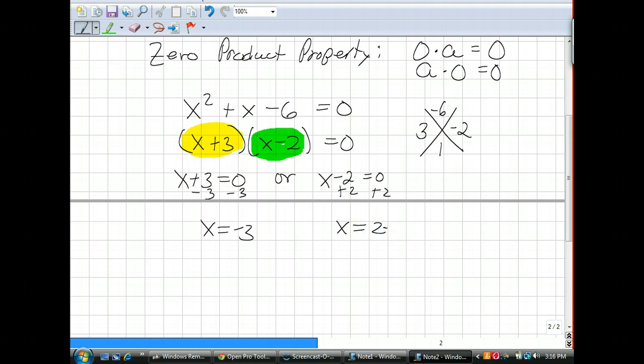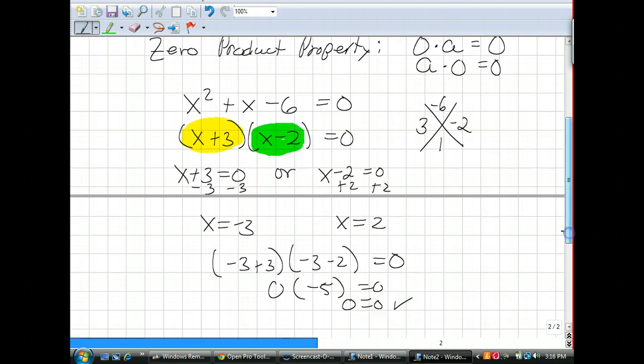So the two values of x that will make the equation equal to 0 are negative 3 or 2. So for example, if I put negative 3 in for x, negative 3 plus 3 is 0. 0 times negative 5 is 0, so 0 equals 0. It checks. Right?